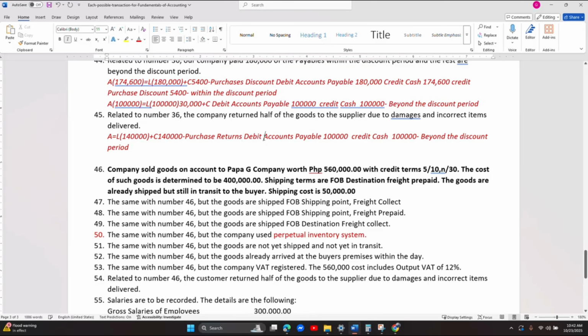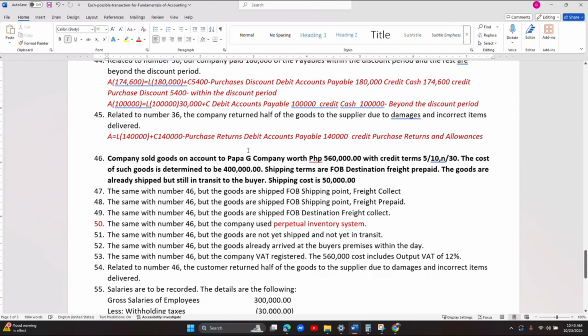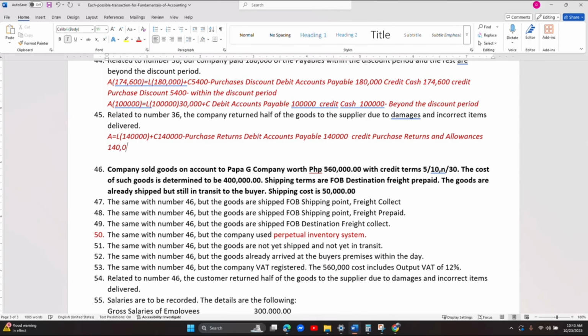The entry will be debit accounts payable because you have returned 140,000, and then credit purchase returns and allowances. That's the journal entry: debit accounts payable because you have returned something, and then credit purchase returns and allowances worth 140,000 also.